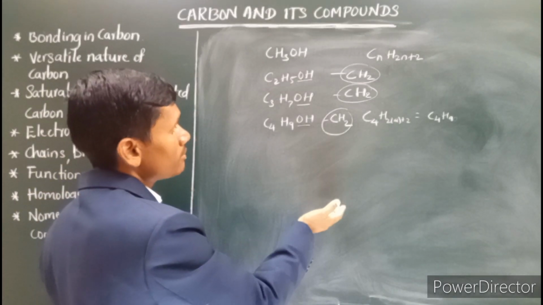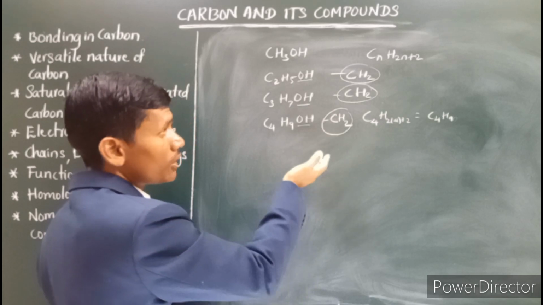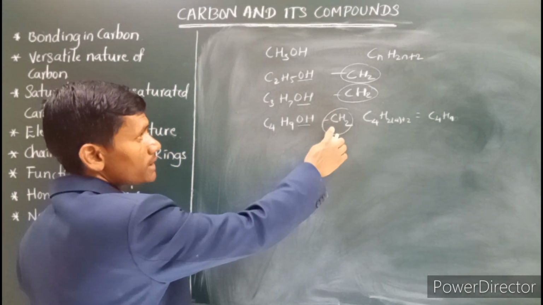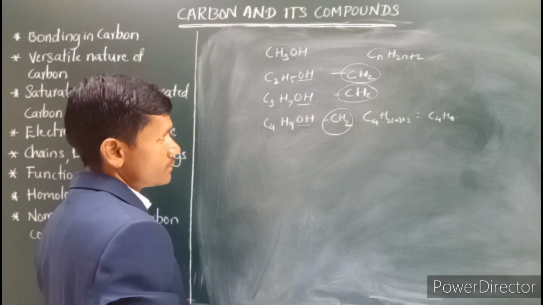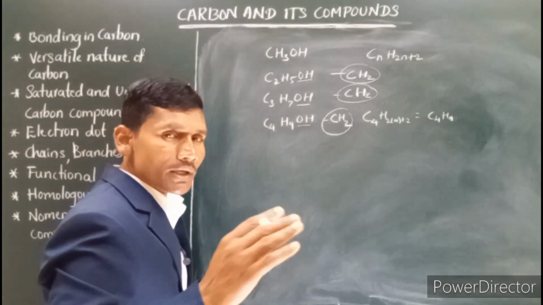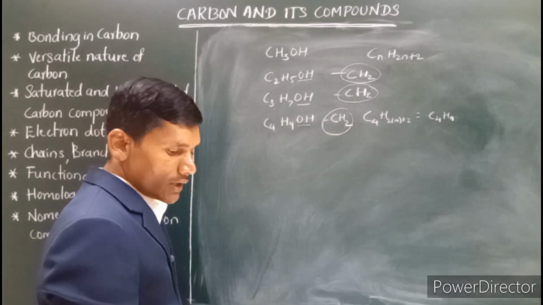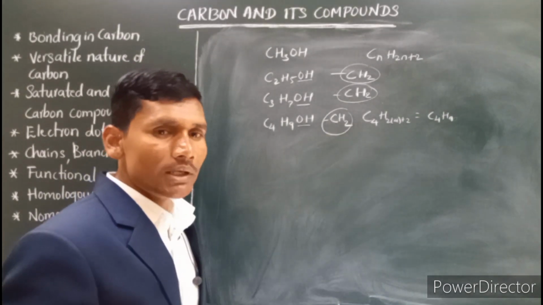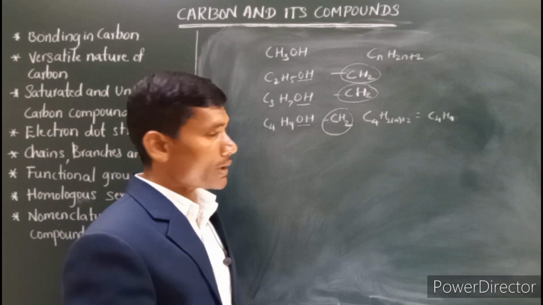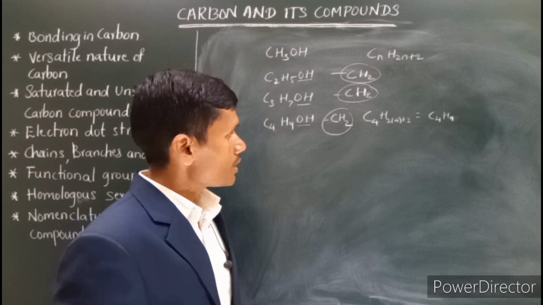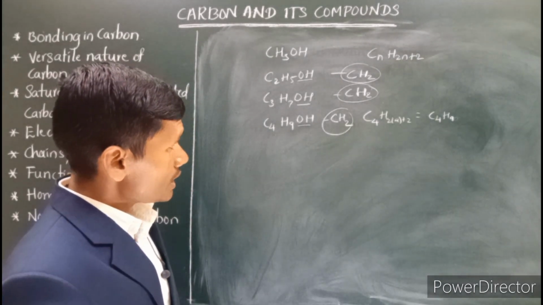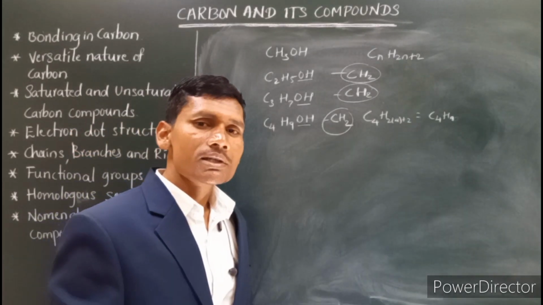Only as the members increase, that is the number of carbon atoms and hydrogen increases, the molecular mass of the compound increases every time, because every time one CH2 group is added. If the molecular mass increases, there will be gradation, means there will be change in the boiling point or melting point of that carbon compound, and that will also be rising. But the chemical properties remain the same.